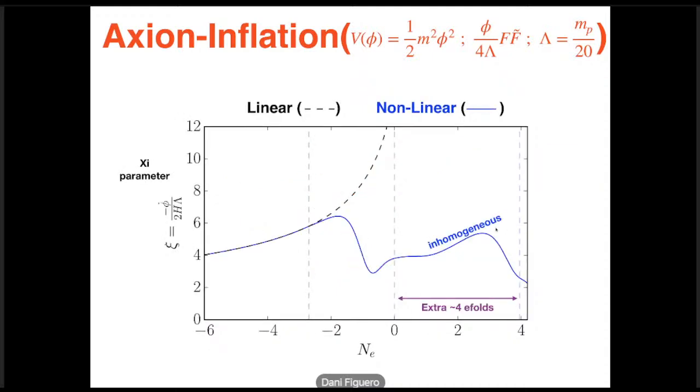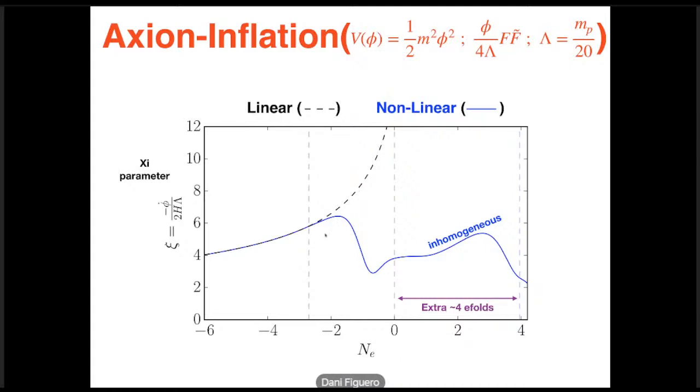So how relevant is all of this? Well, here is the money plot. I plot the psi parameter, which is a way to measure, remember, the velocity of the inflaton, and that's what controls the gauge field instability. If we follow the linear physics, this would just grow like that until the end of inflation.